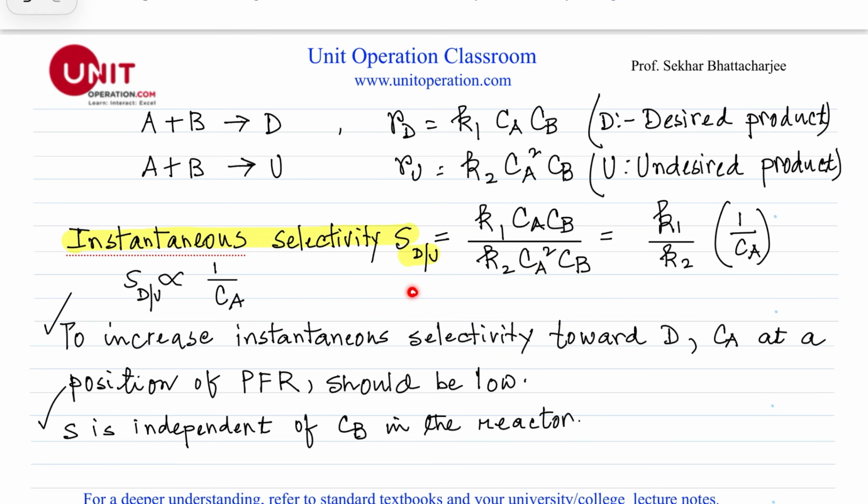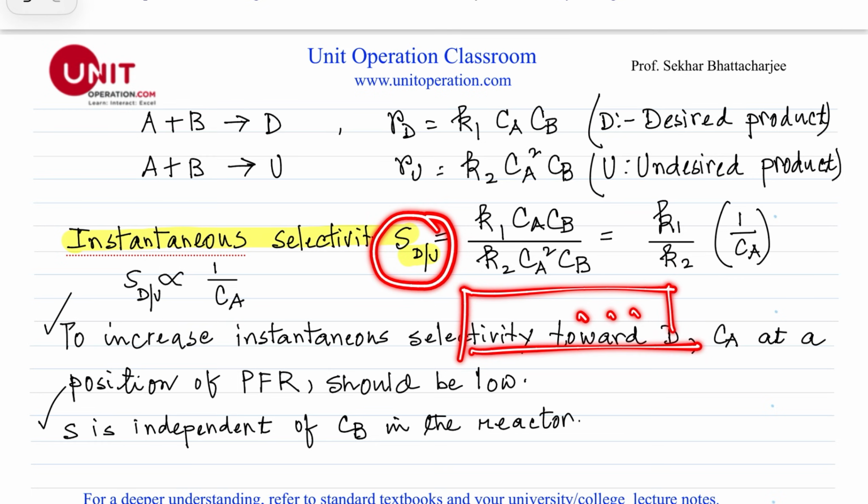But at any point, the rate of formation of D with respect to the rate of formation of U is defined as the instantaneous selectivity. So this is S of D over U, where D is the desired product and U is the undesired product. So you can see this instantaneous selectivity anywhere inside this reactor.